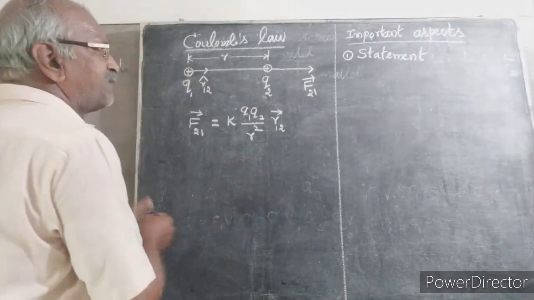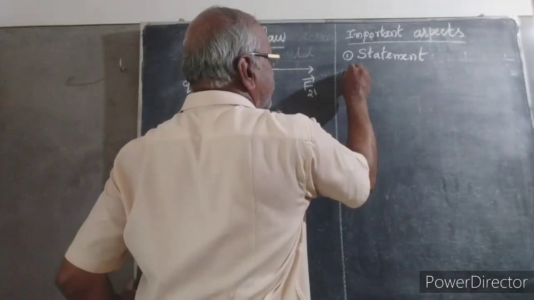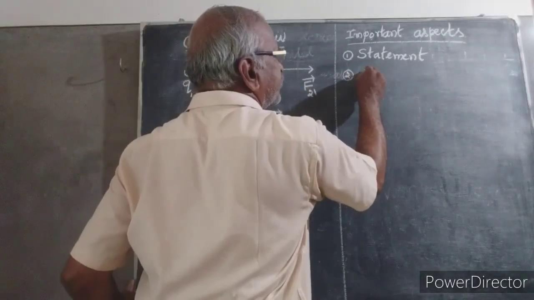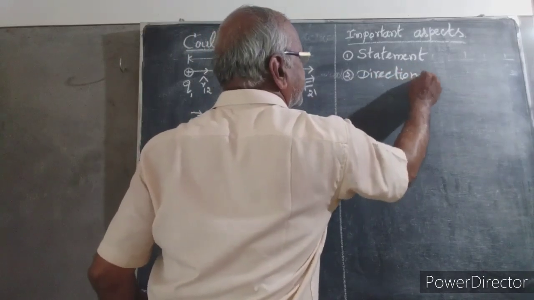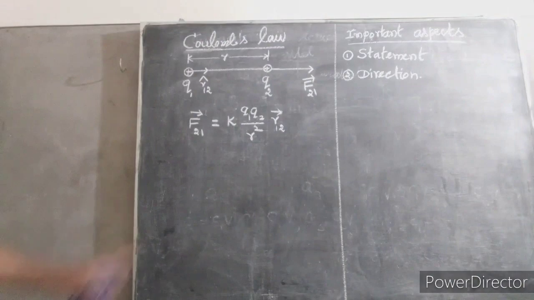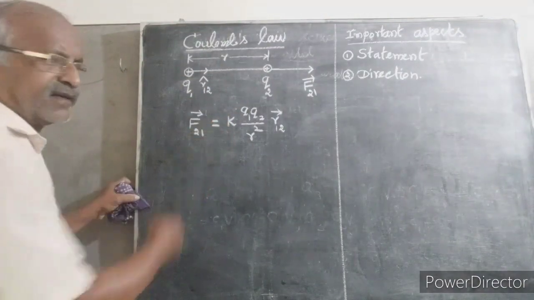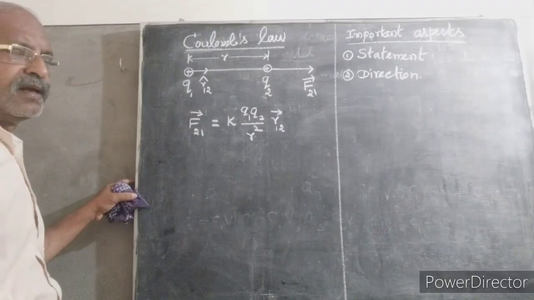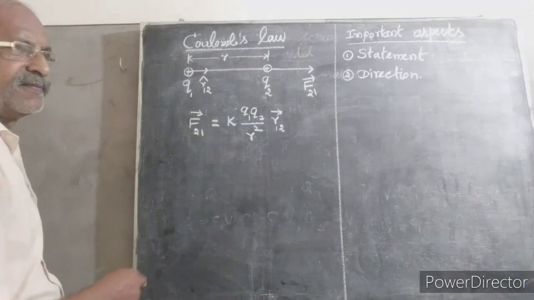Then the second aspect says about the direction of the force. The force acting on the second charge is given by this equation. Now what will be the force on the first charge? What will be the direction?